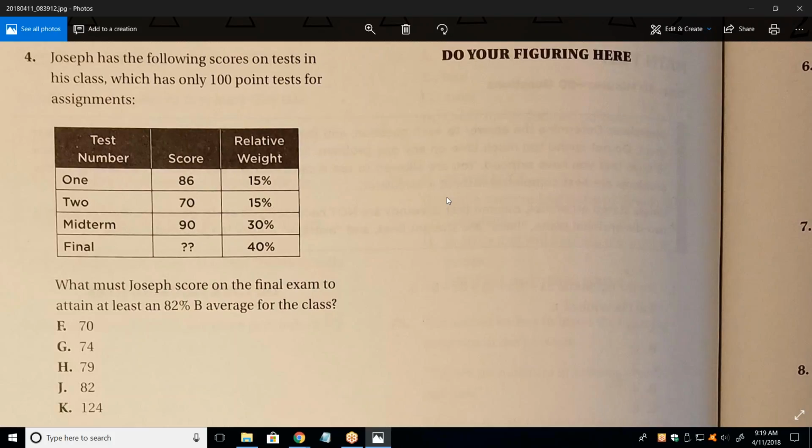Then you're going to go a second pass through the test, and you're going to do everything you think you can do. And finally, that'll leave a third pass where you're dealing with nothing but the harder problems. And at that point, you're probably going to be close to out of time. If you have time, you can still keep working on the problems. But absolutely, by the end of the test, make sure everything has an answer.